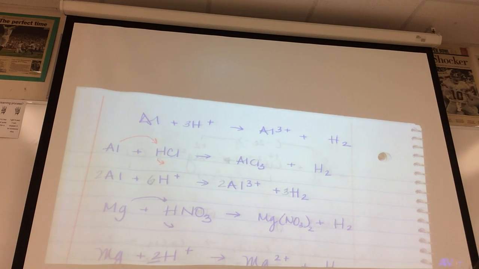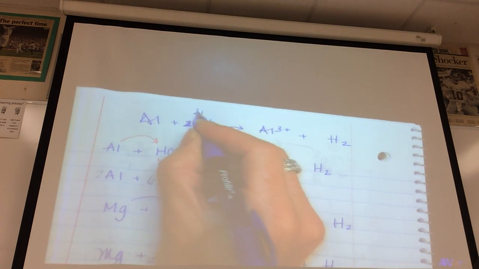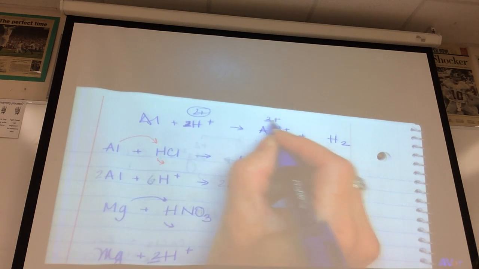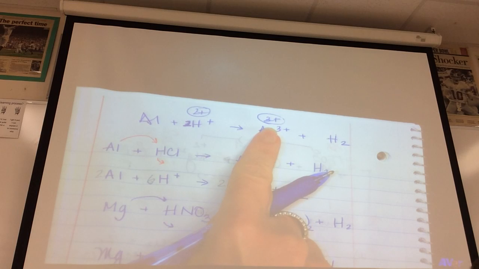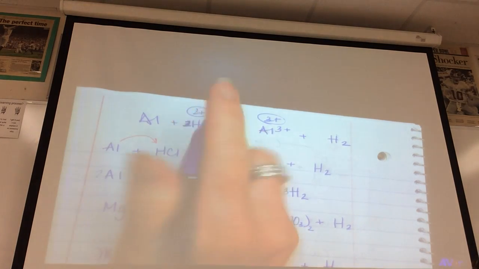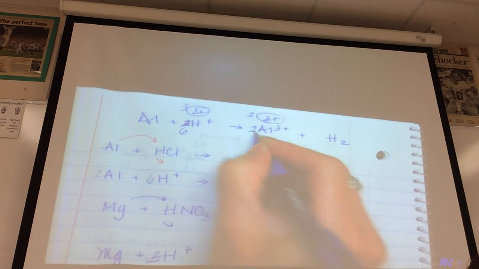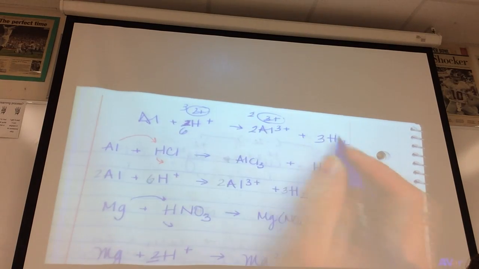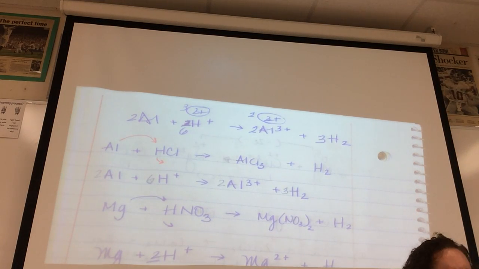You wanted to put a 2 here? Okay. Then you have 2 pluses here and 3 pluses here, right? So that's not balanced for charge. So what would you multiply this by and this by? Balance the charge. Right, so when you multiplied by 3 here, you got 6, and when you multiplied by 2 here, you had 6, and then 3 to balance the H's, and the 2 to balance the aluminum. Alright?